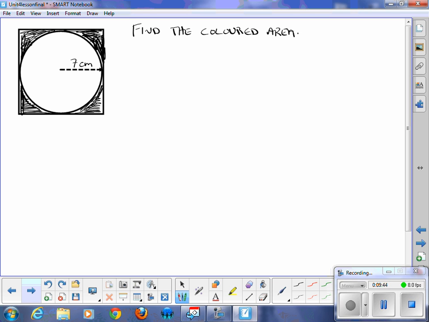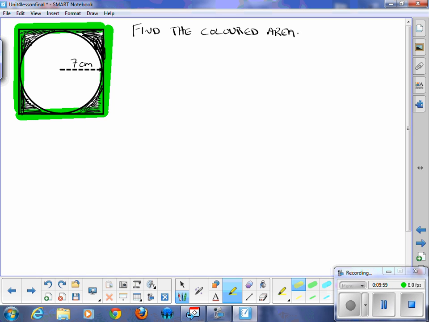The black region originates from a square. Okay? So my black region comes from this original square. What are the dimensions for that square? Well, if you look inside, I know that the radius of the circle is 7 centimeters. But the circle appears to touch this side of my square.